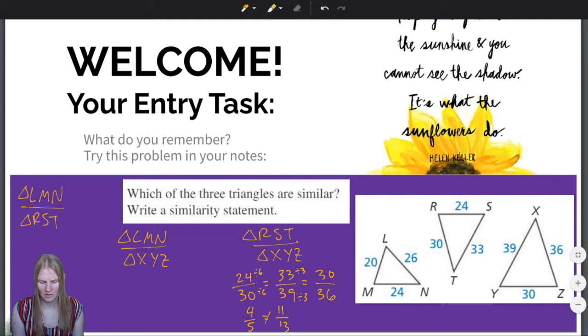Right away I know these aren't the same. And 30/36, if I divide by 6 on the top and bottom, we get 5/6. None of those ratios are the same. So, these triangles are not similar. Triangle RST and triangle XYZ are not similar.